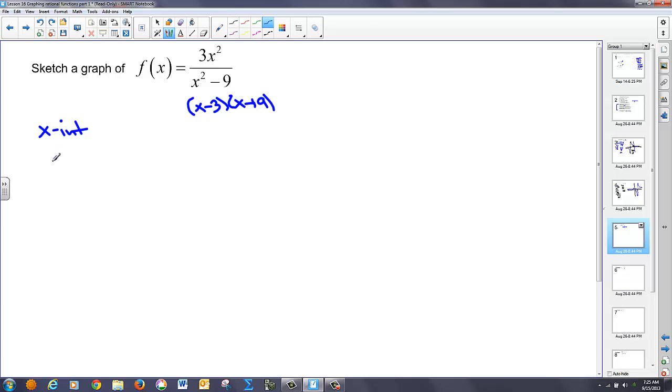And you'll notice in the x-intercept, I've got 0 equals 3x squared over x squared minus 9. Denominator multiplies over. I get 0 equals 3x squared. So x equals 0. Y-intercept, set x equal to 0. When I do that, I get 0 again.